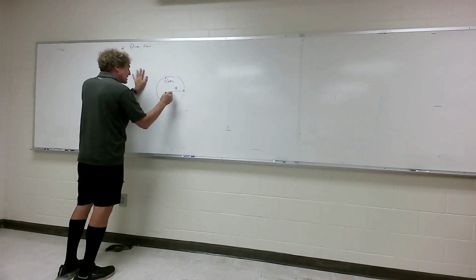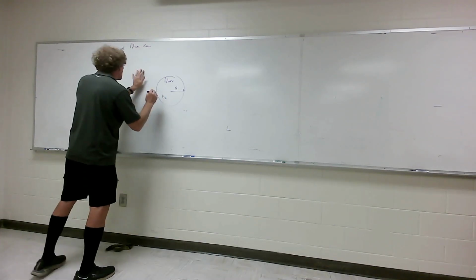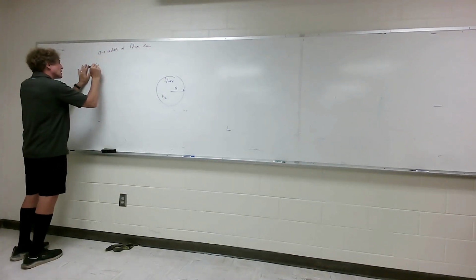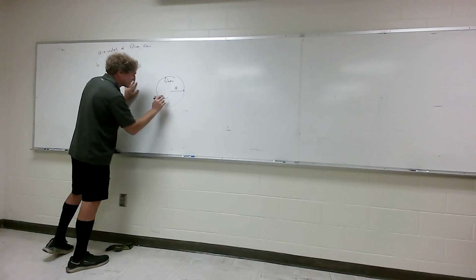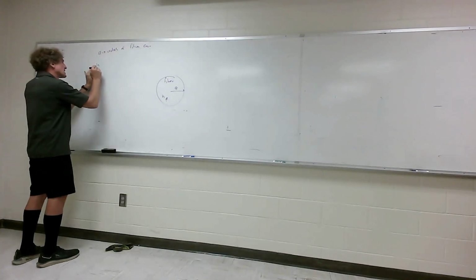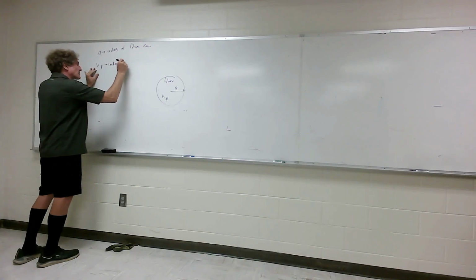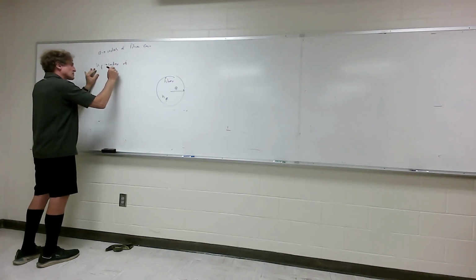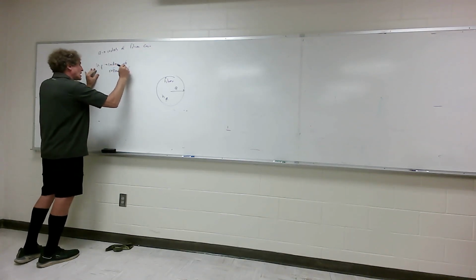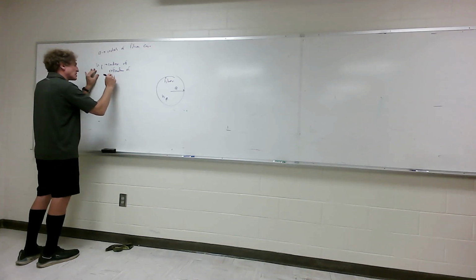We call it fiber core, and it has some index of refraction, NC, sorry, NF. His symbol is NF, and this is the index of refraction of the fiber core.